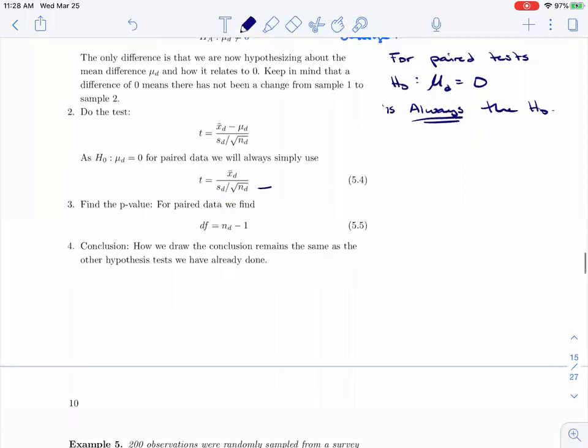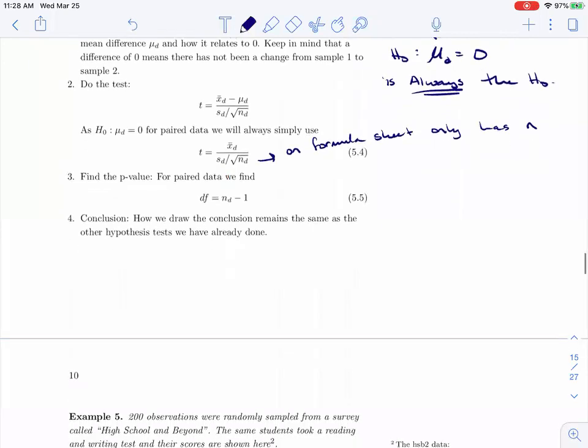I think on the formula sheet it only has n, right? But it should be n subscript d, which is the number of differences.